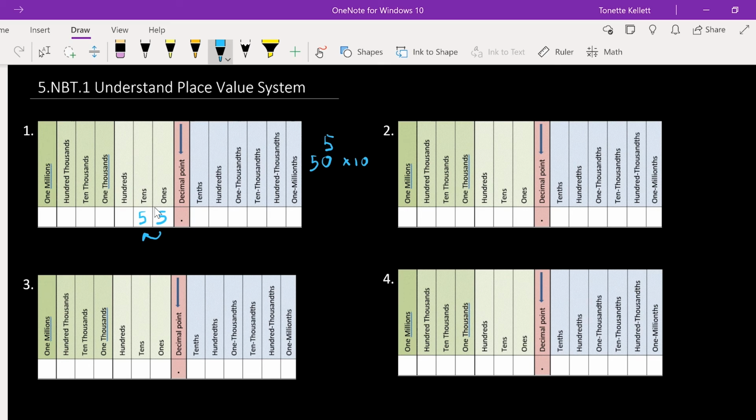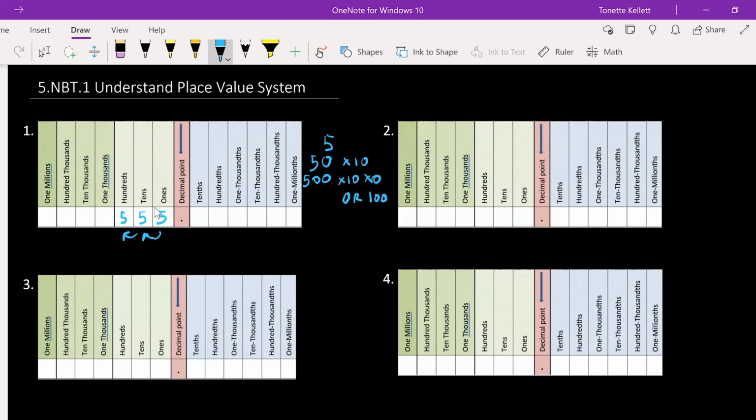If I put a 5 in the hundreds place, I have 2 zeros. I'm going to have to multiply it by 10 again. That's 2 tens. Or 10 times 10 is 100.